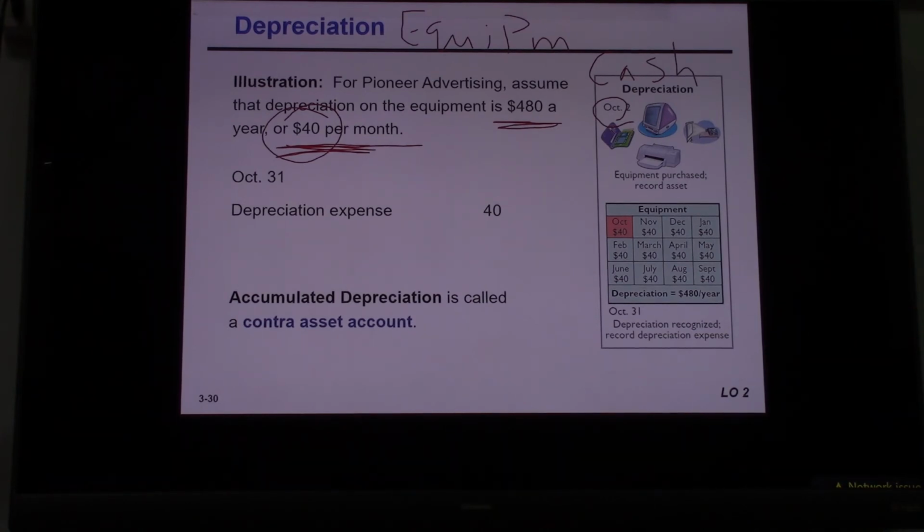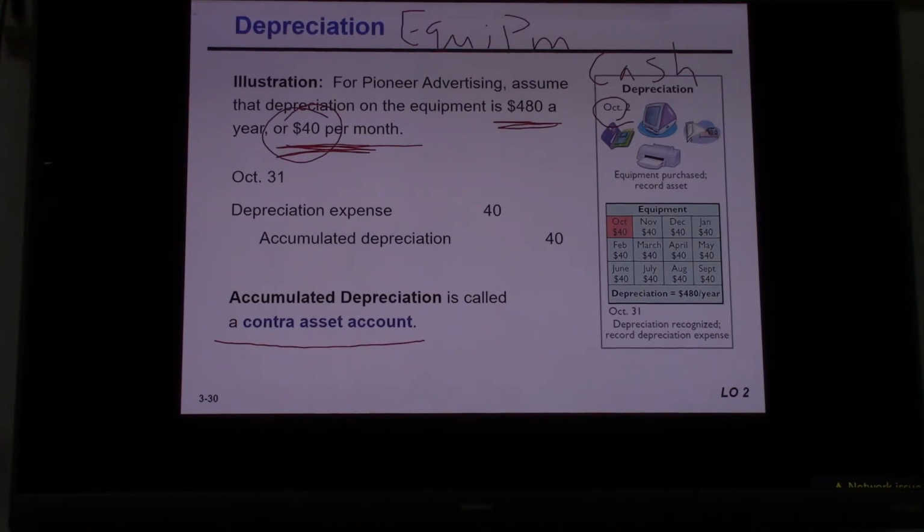Accumulated depreciation is a contra asset account. What is meant by a contra asset account? It means that it's the opposite of an asset account. So if assets increase on the debit side, accumulated depreciation increases on the credit side. If assets are added in the balance sheet, accumulated depreciation will be deducted in the balance sheet.